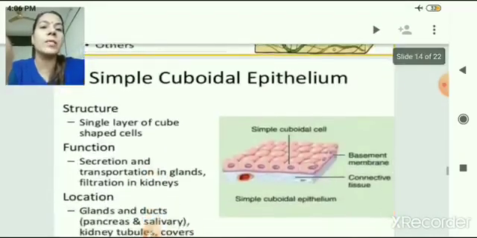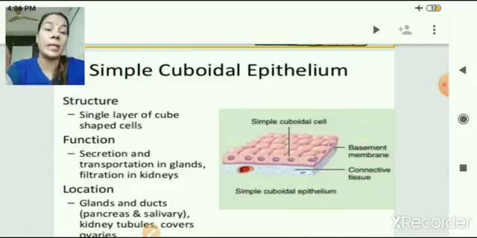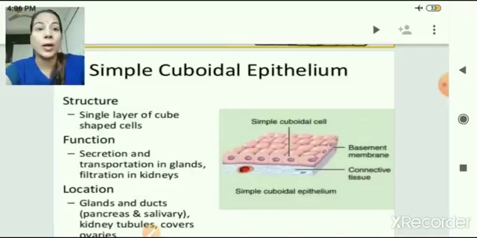Now we will study about simple cuboidal epithelium. As its name suggests, cuboidal means its shape is cuboid. So let us focus on the structure of simple cuboidal epithelium.